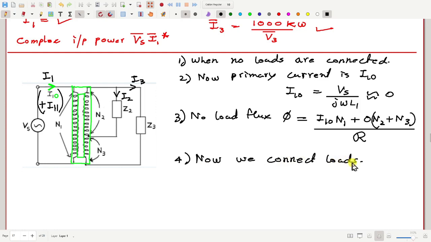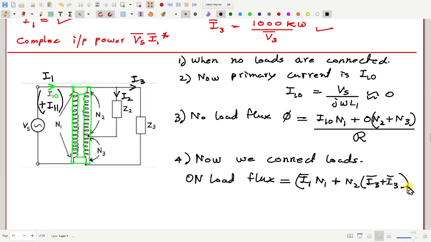Now when we connect the loads, the on load flux is how much? I1 N1 plus N2 multiplied by the current in N2, which is I2 plus I3, these are phasors, and plus N3 into I3, whole divided by the reluctance.